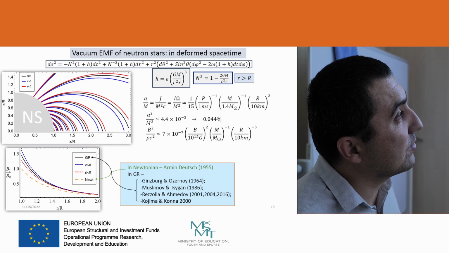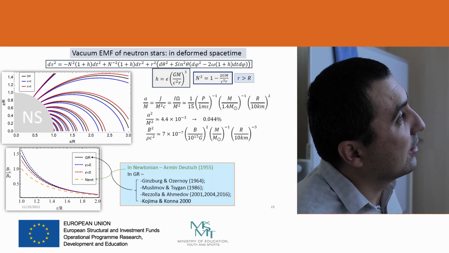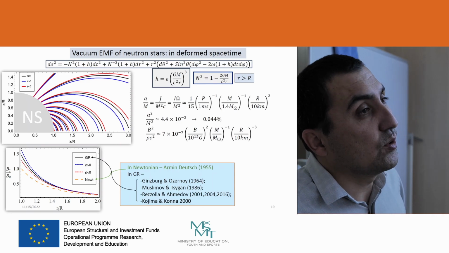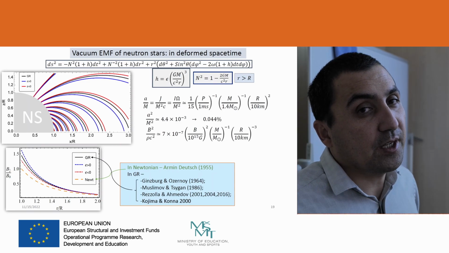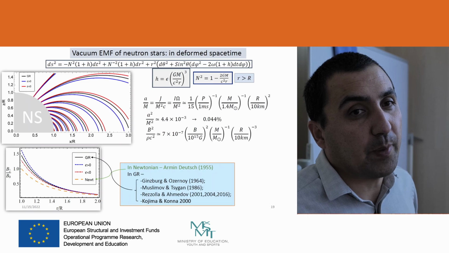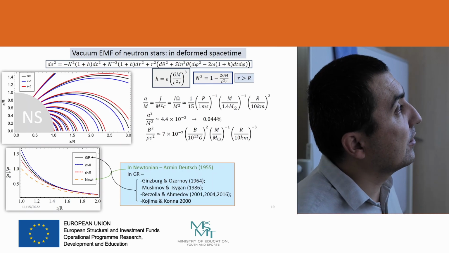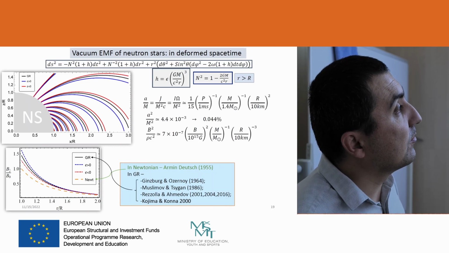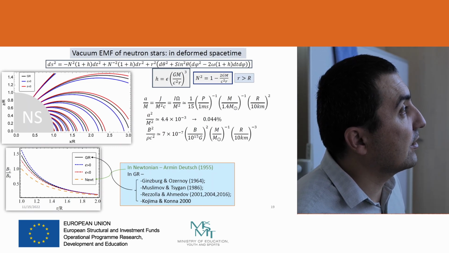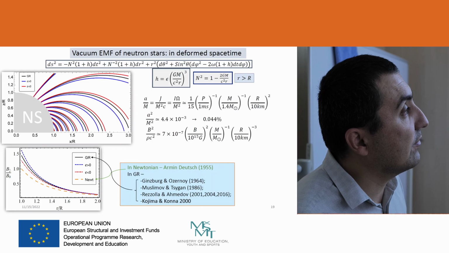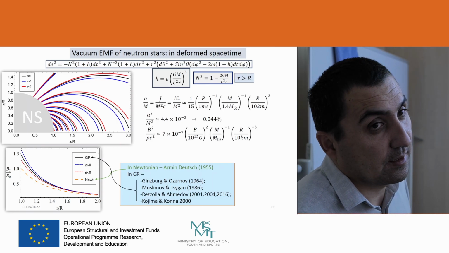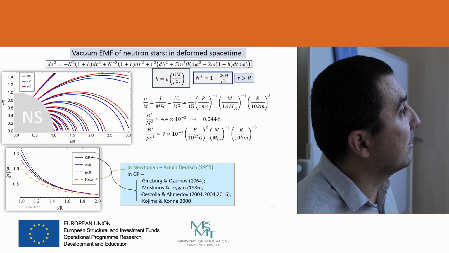The square of spin is a very small percentage, and we assume the high magnetic field does not change the space-time around the star, because its effect even at the surface is 10 to the minus 7 times less, even for magnetars, highly magnetized objects.